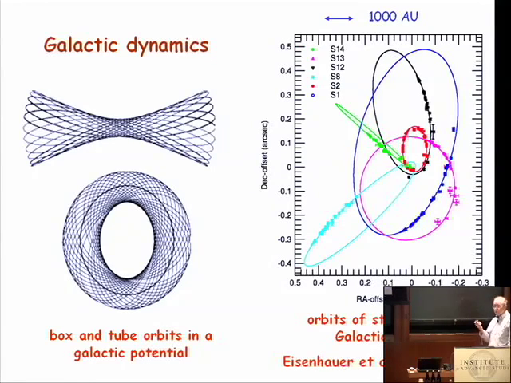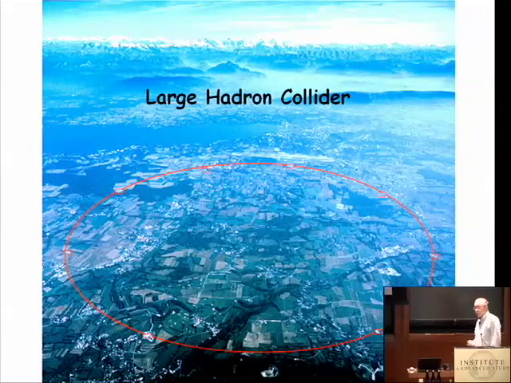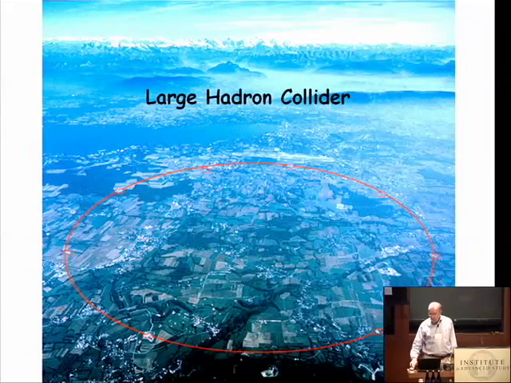And of course, one of the more interesting subjects in the last few years has been the study of orbits of stars very close to the black hole in the galactic center. Orbits are also important in other contexts. Perhaps the most obvious is the Large Hadron Collider, where the design of the collider requires that they can calculate very accurately the orbits of large numbers of particles around this vast storage ring.